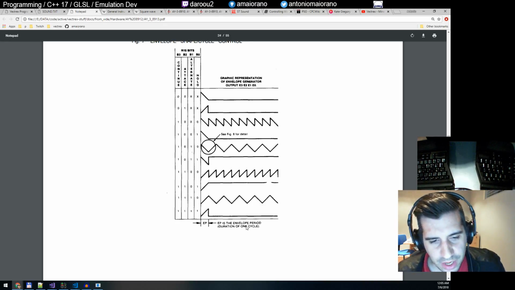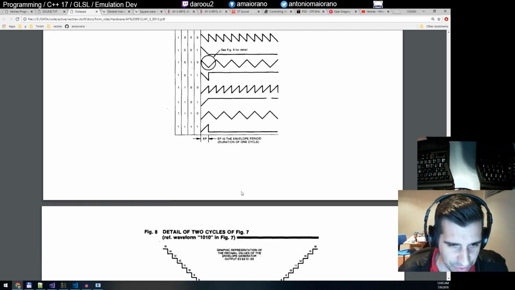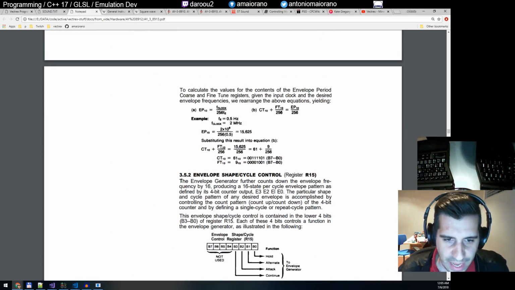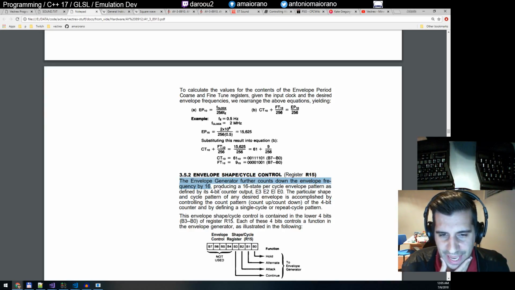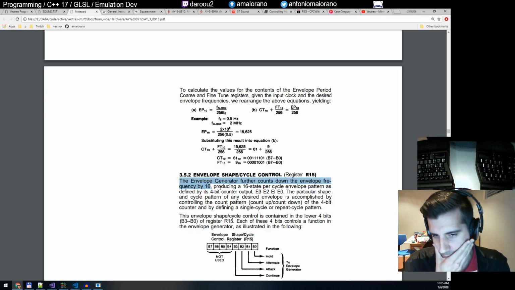And the way they're talking is you set this period value, and then it says, I don't really like the way they write it. Maybe I just don't understand. They say the envelope generator further counts down the envelope frequency by 16, producing a 16 state per cycle envelope pattern.